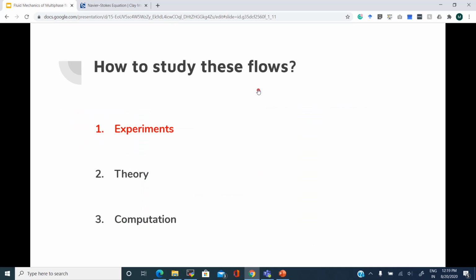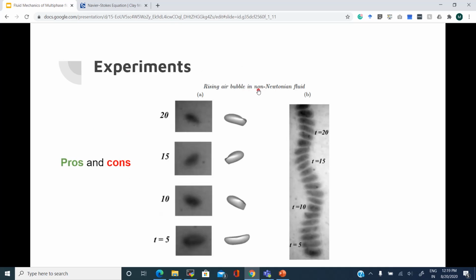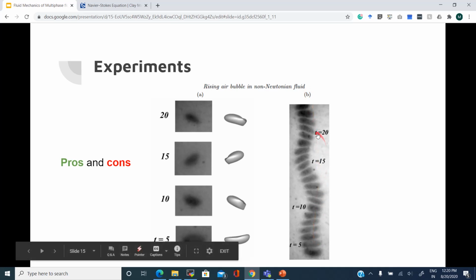How do we study these flows? Generally, there are three methods: experiments, theory, and computation. Computation is a rather new method of studying fluid flows. This is an example of an experiment in the B column here. This is a rising air bubble in a non-Newtonian fluid.